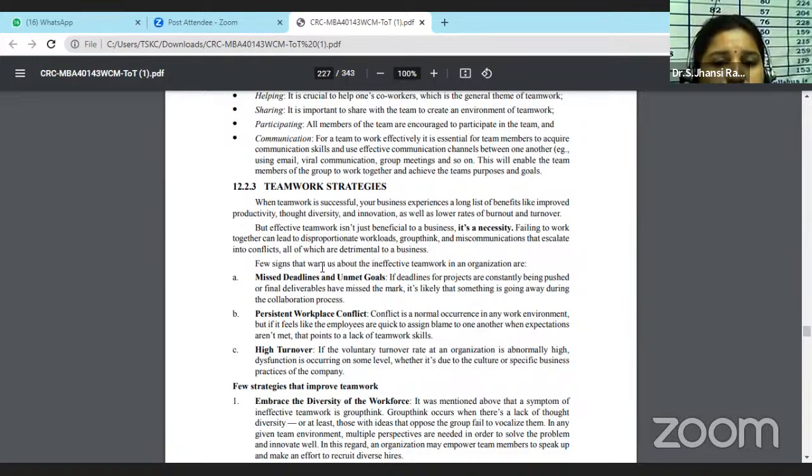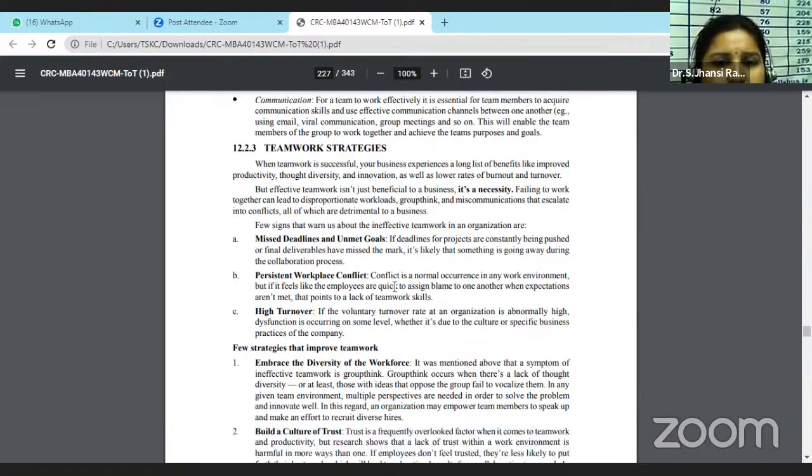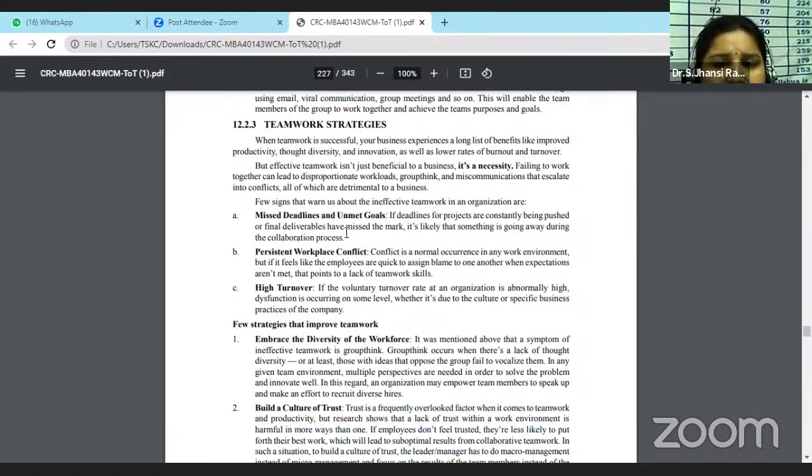And groupthink, and miscommunications that will escalate into conflicts, all of which are detrimental to a business. A few signs that warn us about ineffective teamwork in any organization are missed deadlines and unmet goals. Deadlines for projects are constantly being pushed, or final deliverables have missed the mark. It's likely that something is going wrong during the collaboration process. And persistent workplace conflict.